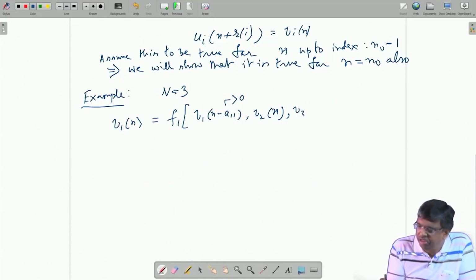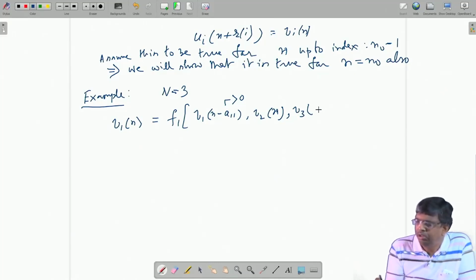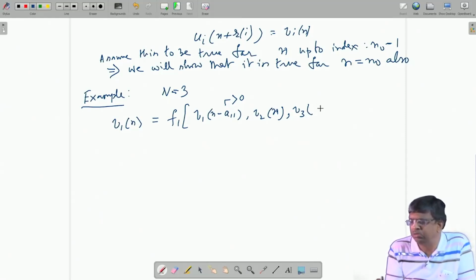Then I can say V3n. In general, it is n minus a delay is A13. Okay. Because destination is 1, source is node 3, so A13. A13, if it is positive, I am done, because V1n is a function of past value of V3n, V3n minus 1 or 2 or 3, whatever. Okay.